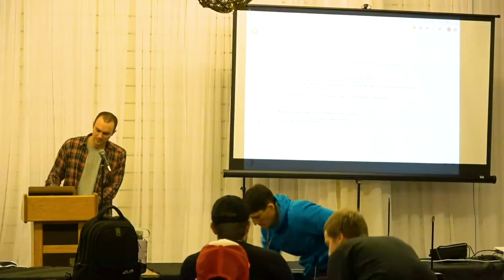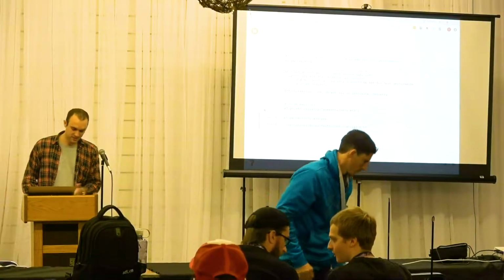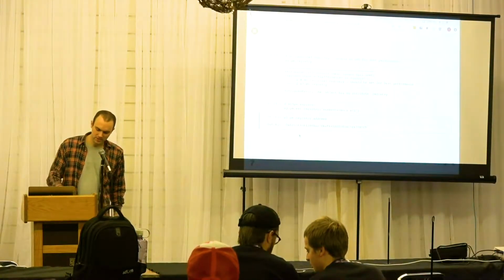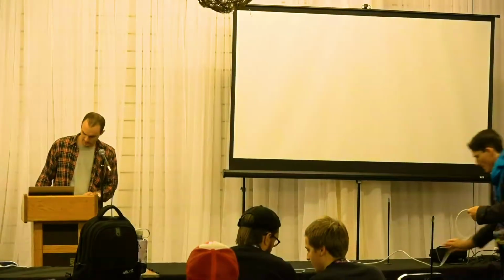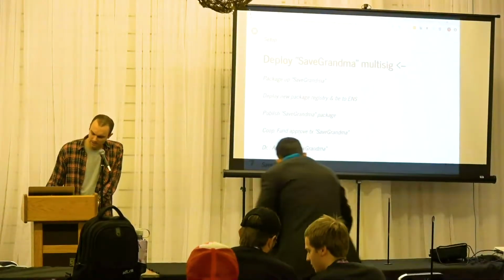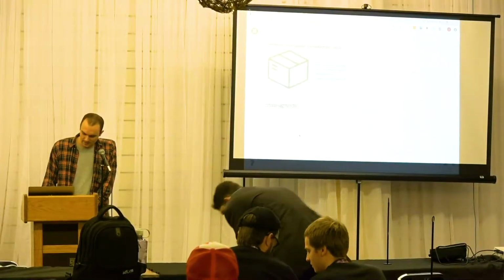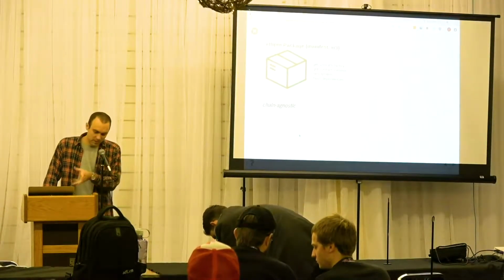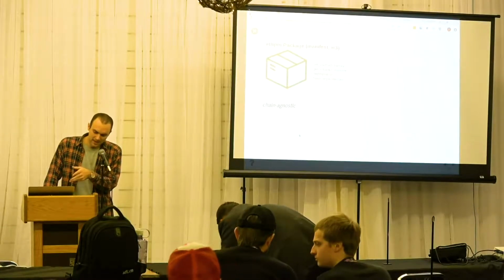Okay, so we've set our registry to Snake Charmers, and like use ENS again, always use ENS. But you can see now we have set our registry, and this is the Snake Charmers address. Now we're deploying our save grandma multisig. The package we'll be using today is a Python class.